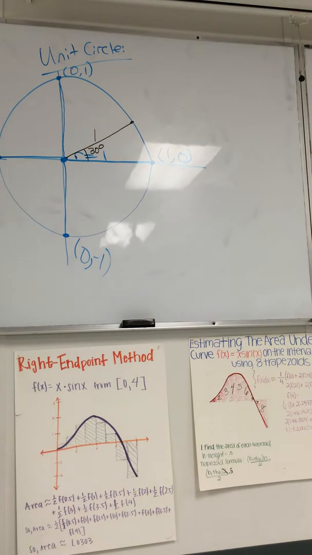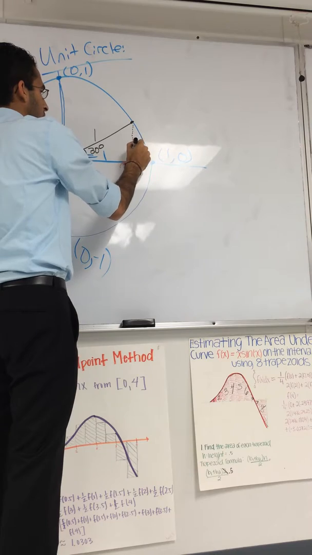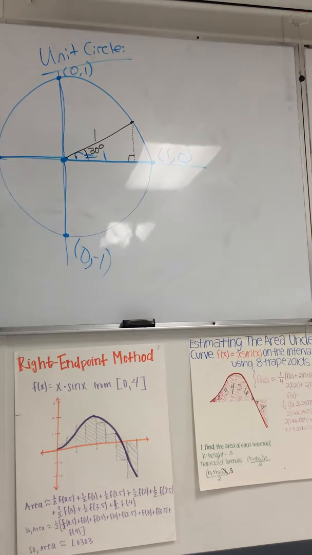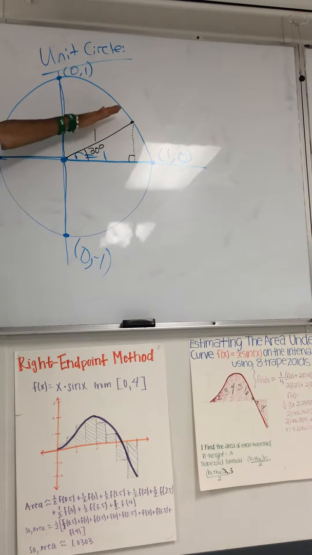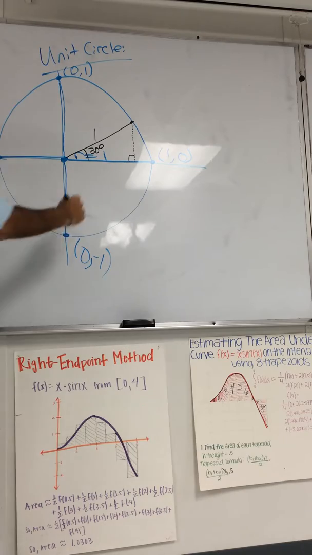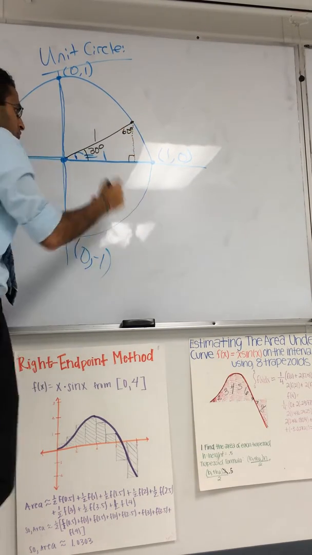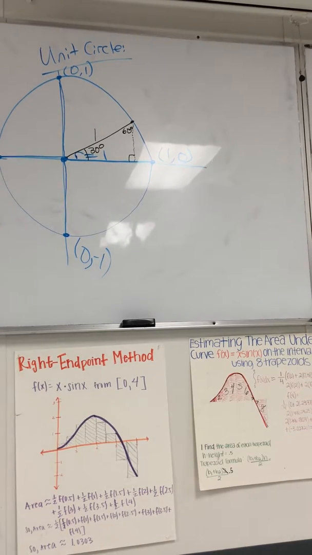So I drew a 30-degree angle. Let me draw this downstairs. This becomes a right angle. So now I have a triangle here, here, here. This angle must be 60. So I have a 30, 60, 90 triangle.